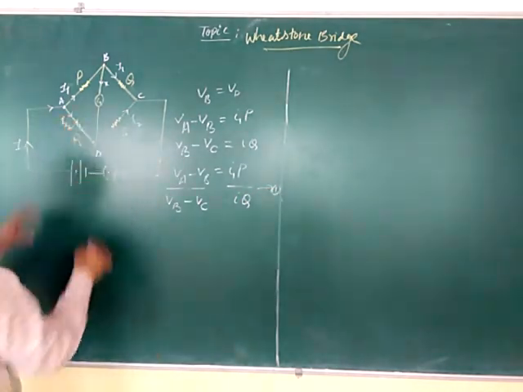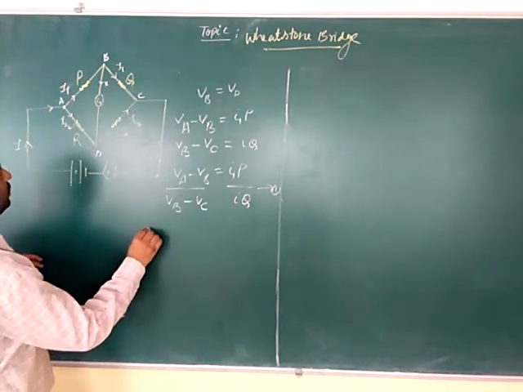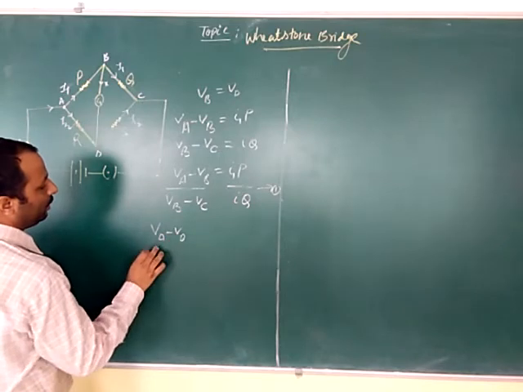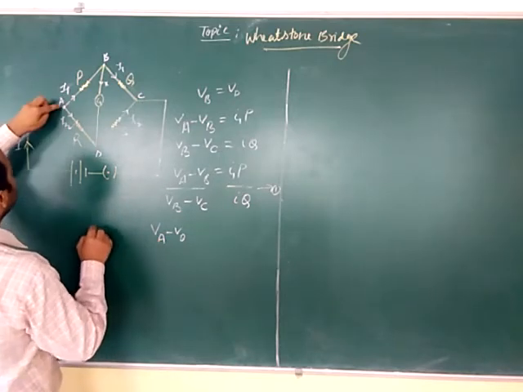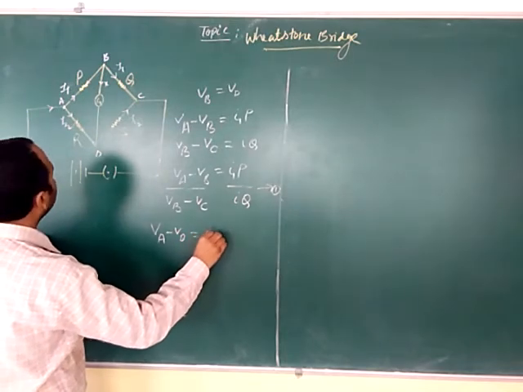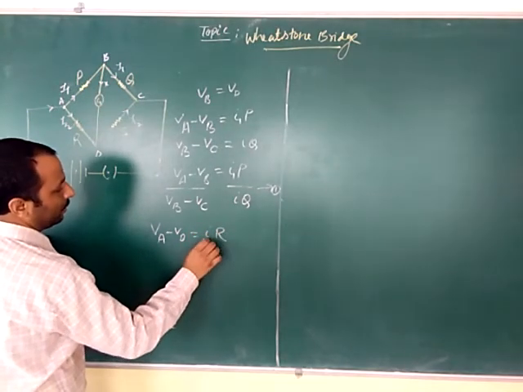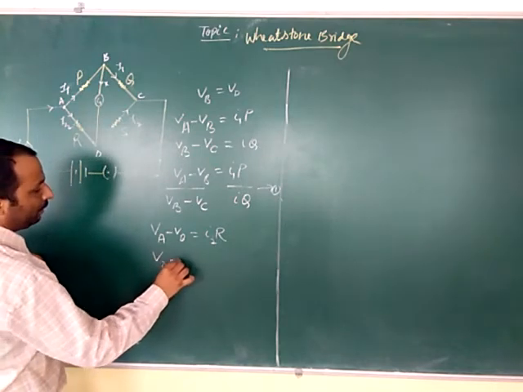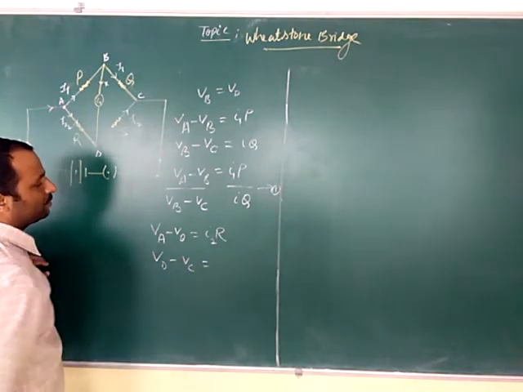Now see the potential difference over here. This is VA minus VD. How much is this? Current is flowing, I1 into R. Sorry, it is I2 into R. Now VD minus VC, how much is this?